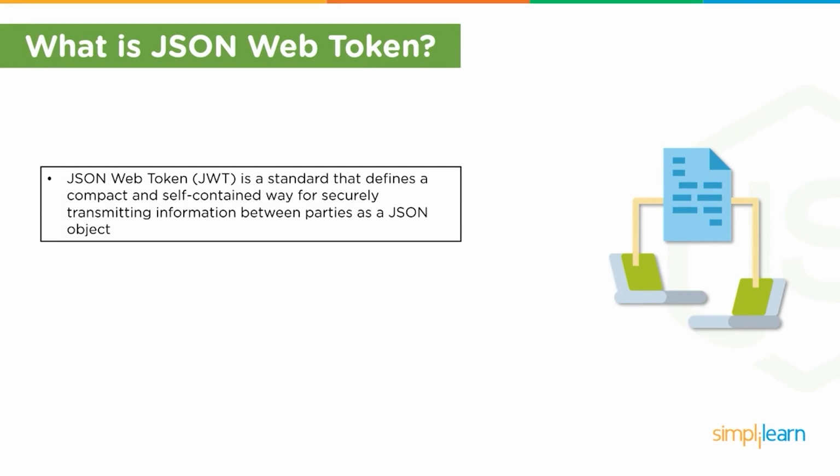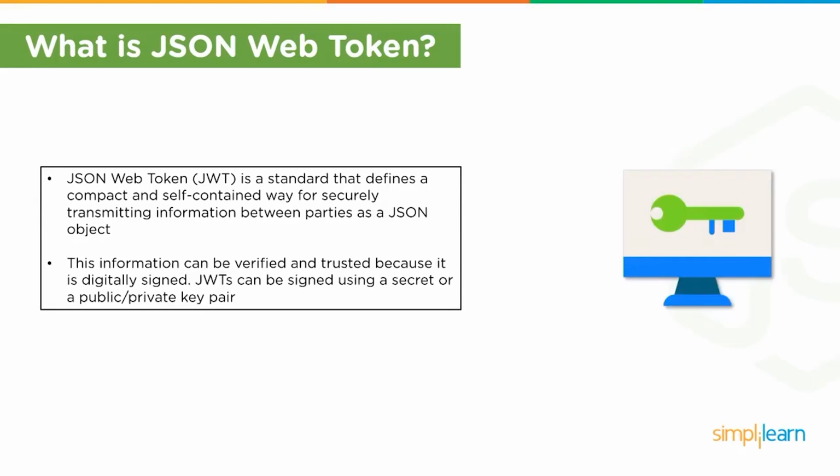And a JSON object is a JavaScript array, and it's very compact. It's a very tight way of sending data back and forth. The thing that's great about using a JSON Web Token is that the information itself is encrypted, and it can only be verified and trusted through a public-private key pair. And we'll get into how you can get to those.